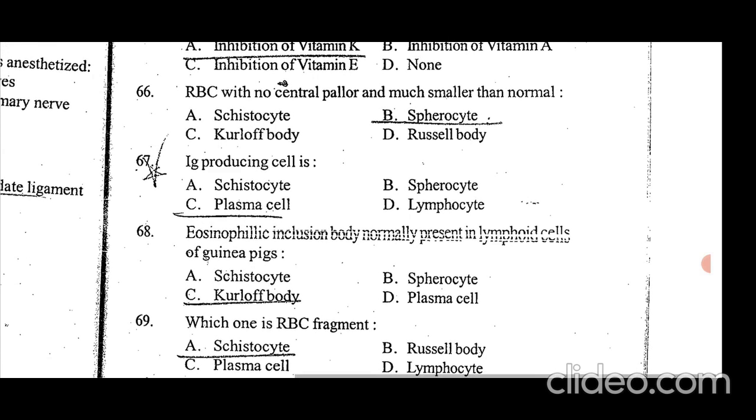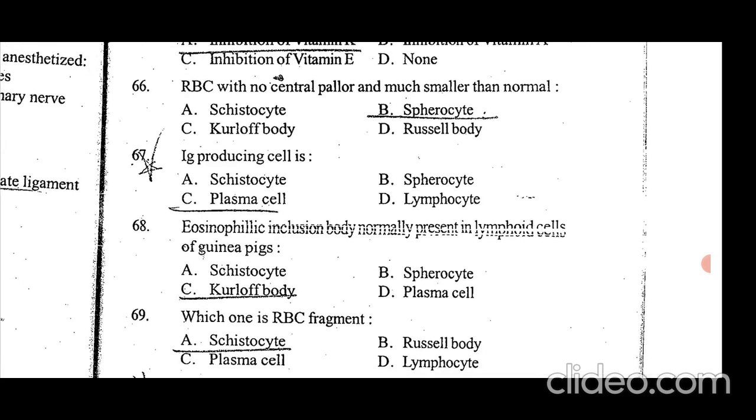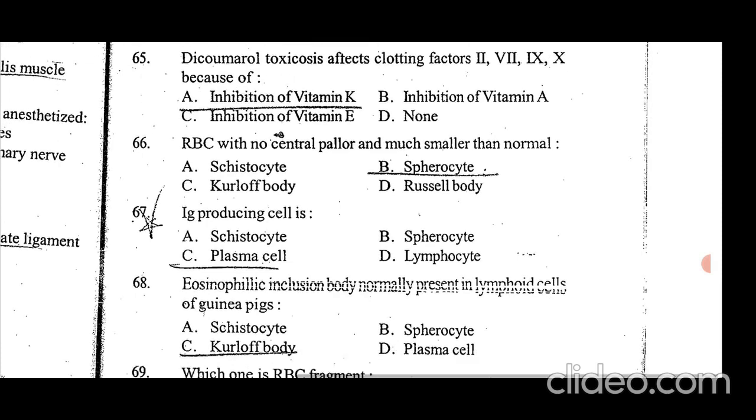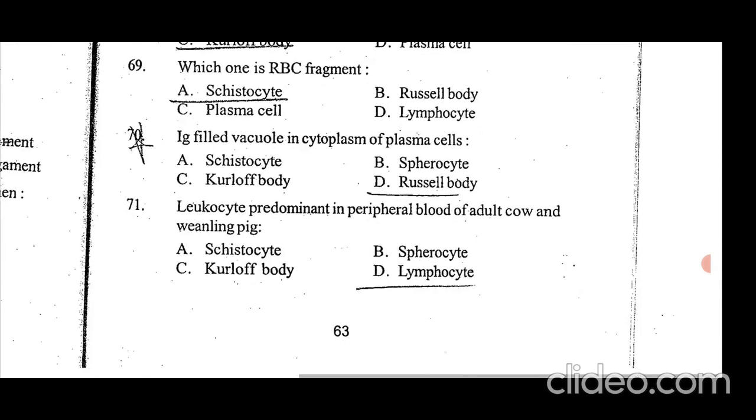Spherocytes are smaller in size red blood cells and they have no central pillar. Vitamin K is inhibited by decumoral toxicosis and it affects clotting factors 2, 7, 9 and 10. Leukocytes predominant in peripheral blood of adult cow and weaning pig are lymphocytes.